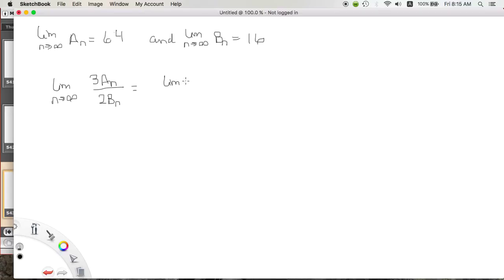We know that if we're dividing these two sequences, we can go ahead and divide the limits. And we know that if we have a constant multiplied, we can pull it out front.